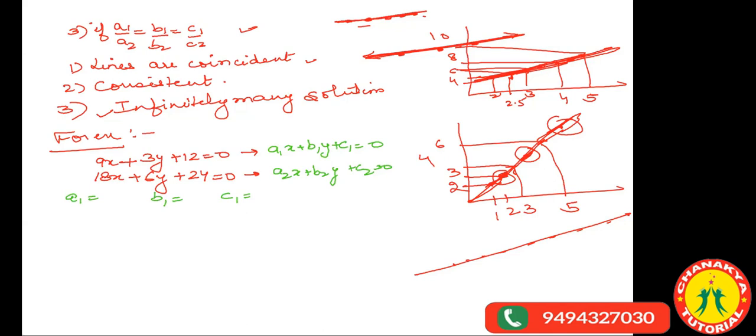And then Aman, just tell me the values of A2, B2 and C2. Ma'am, A2 is equal to 18, B2 is 6, C2 is 24. Yeah, good.